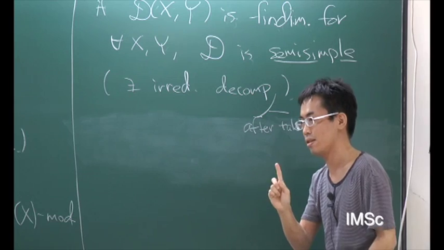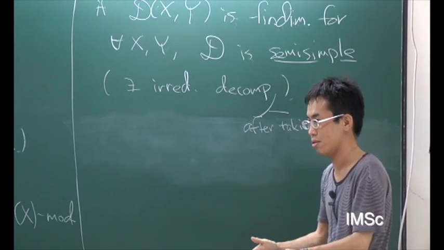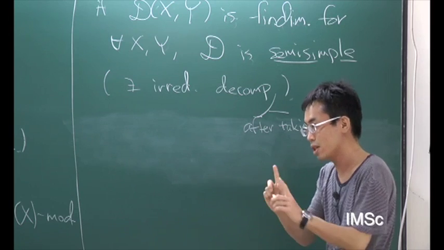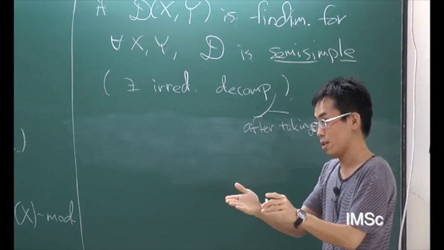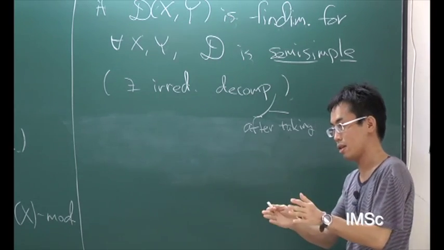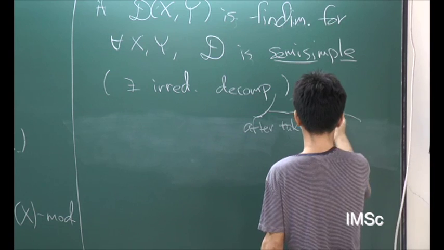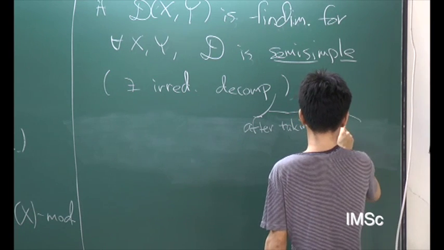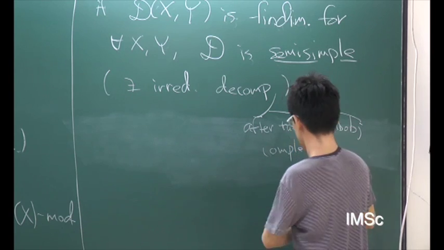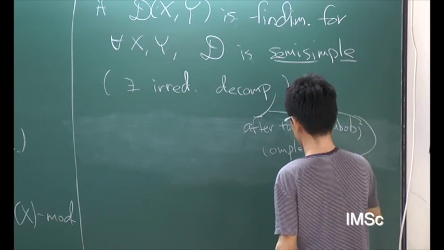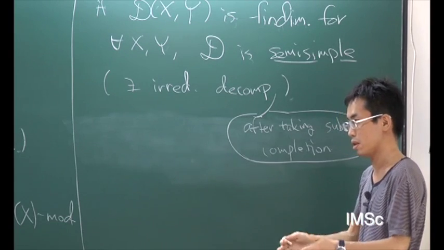In general, it's not guaranteed that this original category D itself has sub-objects, but still you can regard these minimal projections as new objects, and there is a very standard way to extend: sub-object completion. But we always assume this, so all the idempotents represent some sub-object.